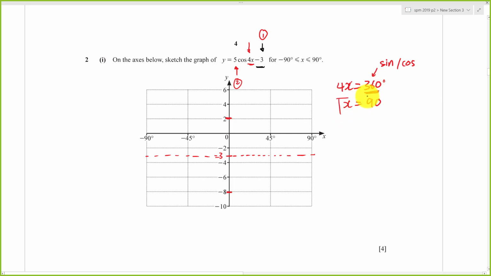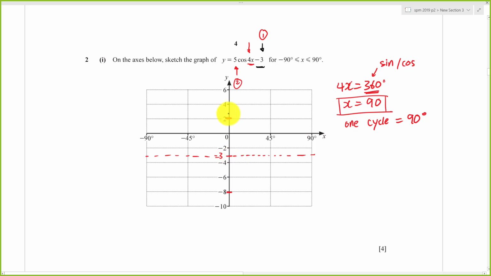What's the meaning of x here? It means 1 cycle equals 90 degrees. So you can see it's just nice, 90 here. Therefore, I will need to draw 1 cycle here, at 90 degrees. This is cos, right?